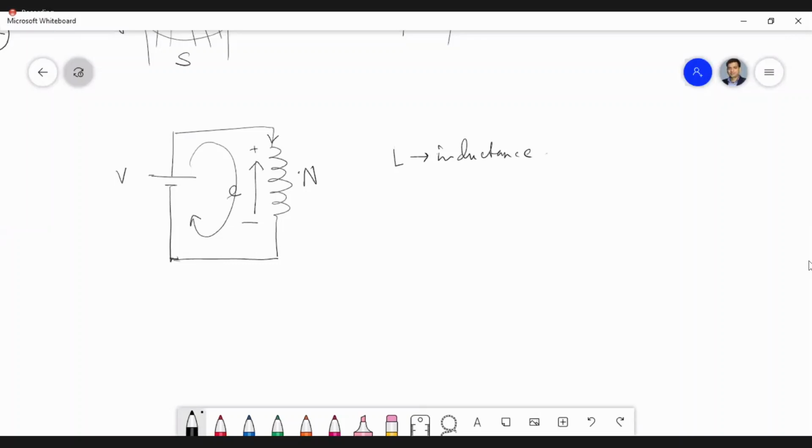So that means this V we can write from this expression is V minus L di dt. The I is the current flowing through it equals to 0, isn't it?